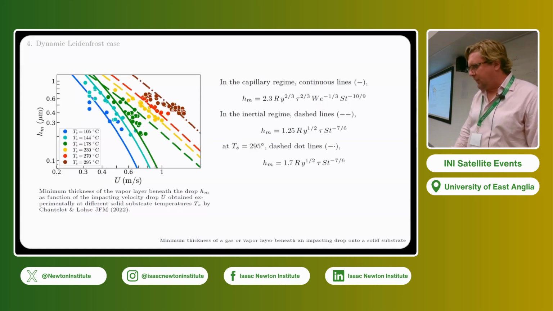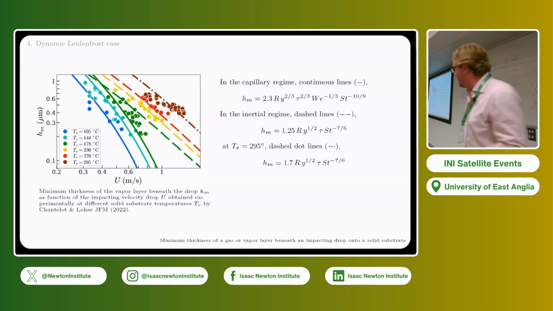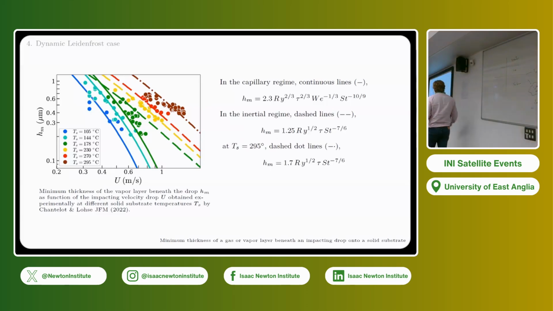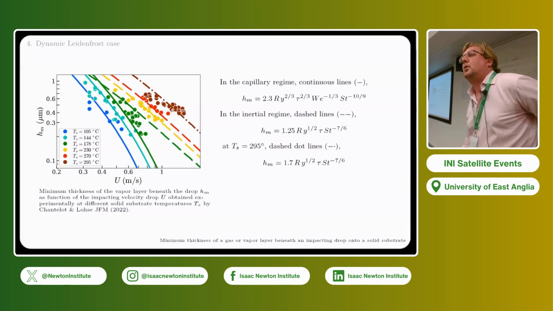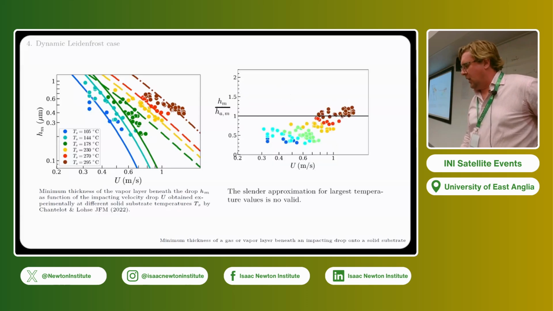Why do we have this? First, we can see that if we increase the constant in this expression, which was 1.25 here and 1.7 here, we have a correct comparison between the model and the largest temperature obtained by Chantelot and Lhuissier.